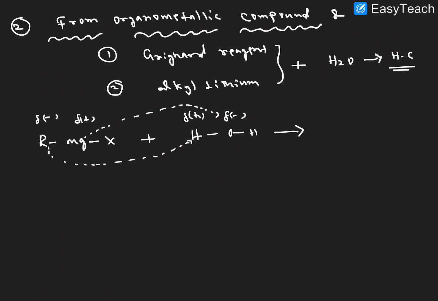So what product is forming here? RH plus OH MgX. This is 100% pure form. We will get it by this method.